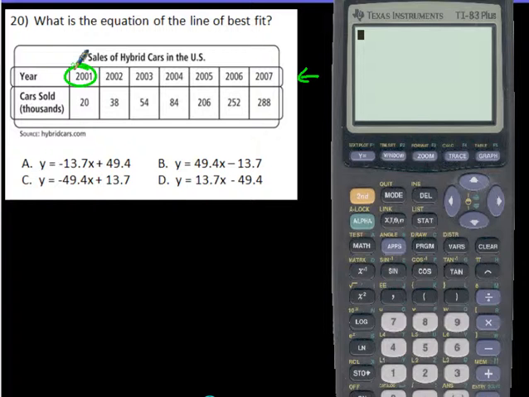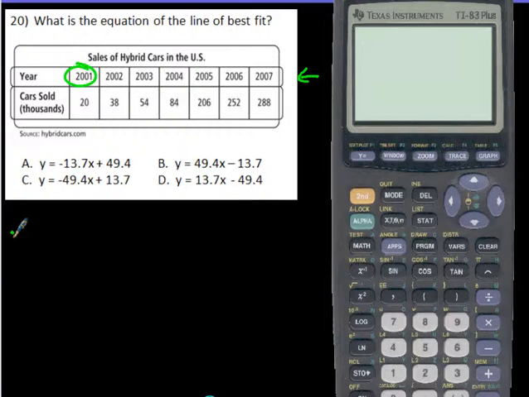2001 through 2007. But when I'm using the calculator and the equation involves doing a regression and you're given the year as opposed to change in years, you need to adjust for that, because we don't want to start with an X that is 2001.